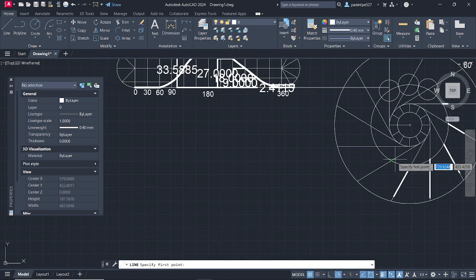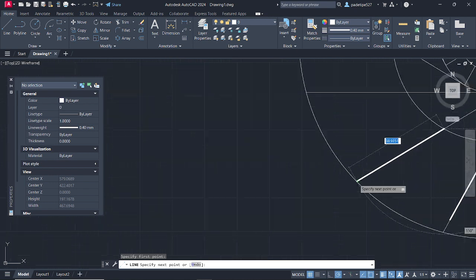27 should be from here. Then I'll leave my cursor here. The reason why you are doing this is so you can still get that angle.